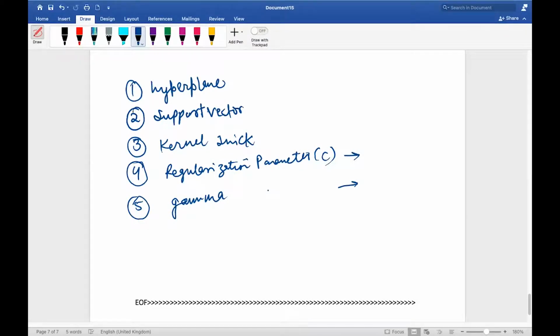So make sure that whenever you are using low gamma, your data set doesn't have outliers. Otherwise, since it is considering faraway points also, you are exposing yourself to the outliers. Is it good? Yes, it is good only if you don't have outliers in your data. Yes or no?